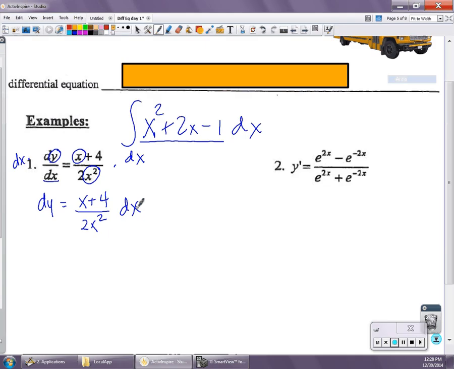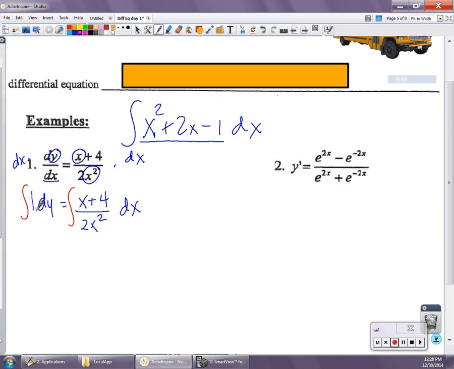Now, the golden rule of algebra is whatever you do to one side, you must do to the other. And to solve this differential equation, we're going to have to find the antiderivative, but we have to do it to both sides. On the left-hand side, it seems like there's nothing there, but you know better than that. You know that there's an understood 1 dy on the left-hand side.